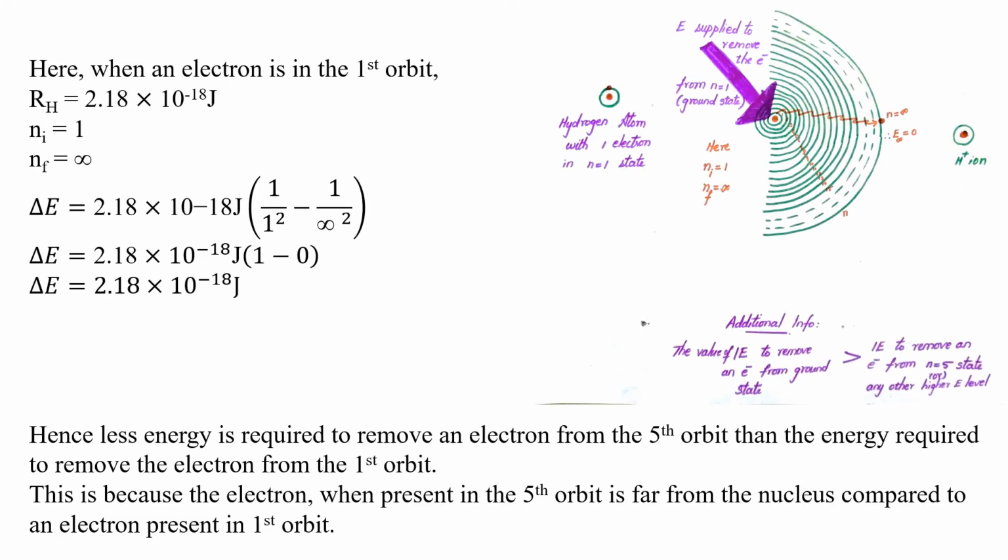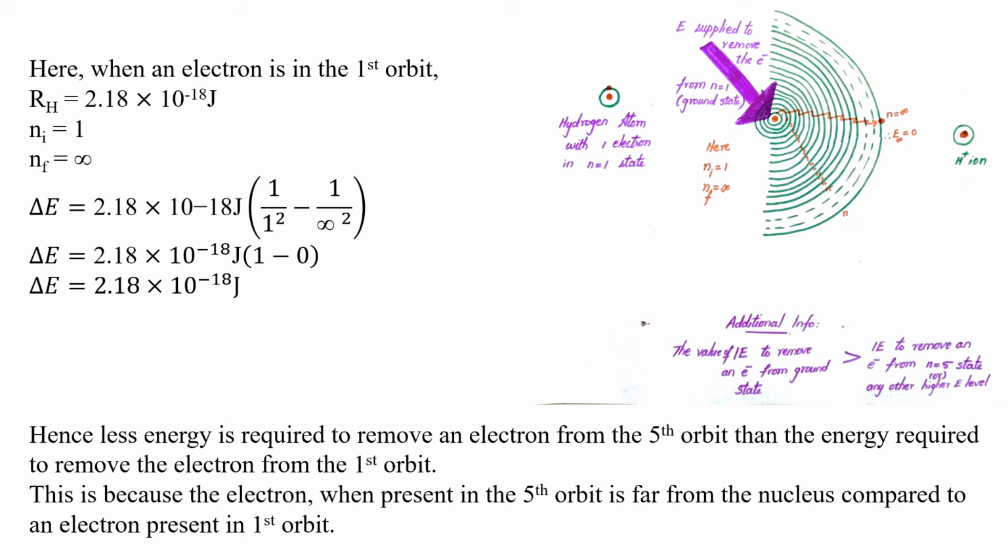Now look at the second sentence of your question. Compare your answer with the ionization energy of hydrogen atom, that is the energy required to remove the electron from the n equal to 1 orbit. You have got the value of delta E for moving an electron from the fifth orbit of hydrogen atom to the nth orbit, which is at infinity, or literally out of the hydrogen atom.